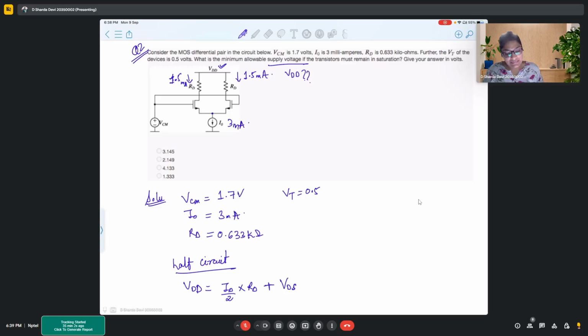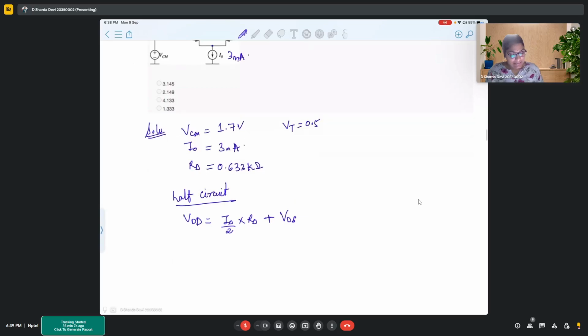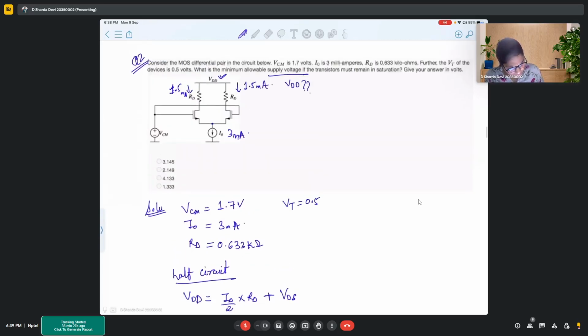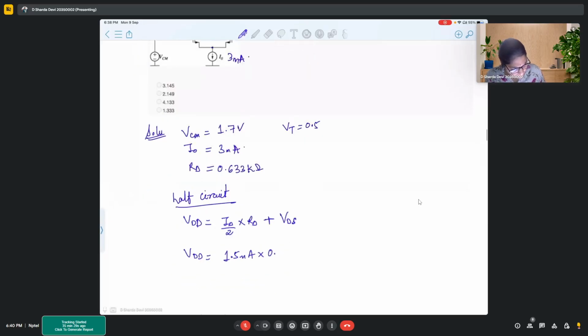So VDD is ID by 2 into RD, that is 1.5 milliamperes into 0.633 kilo ohms, plus VDS.